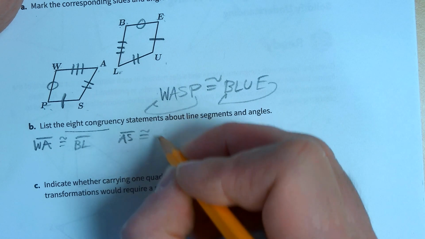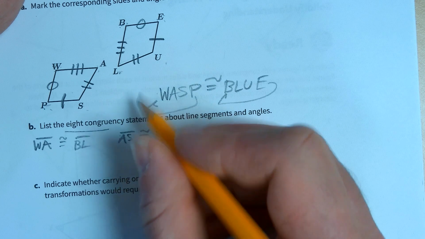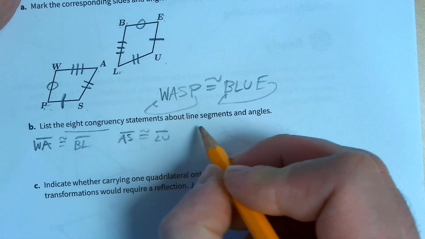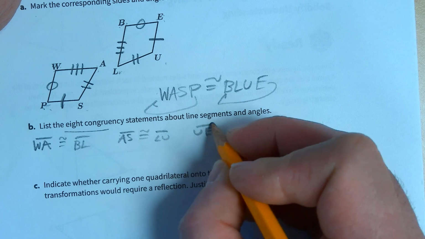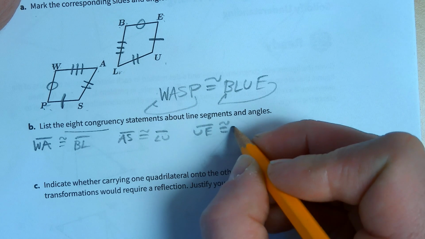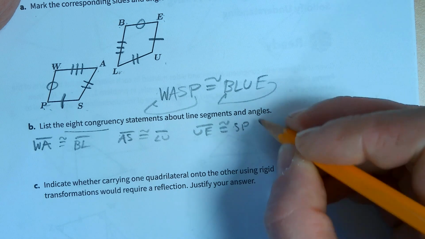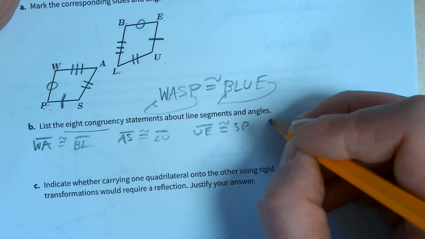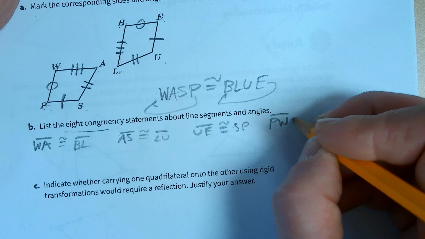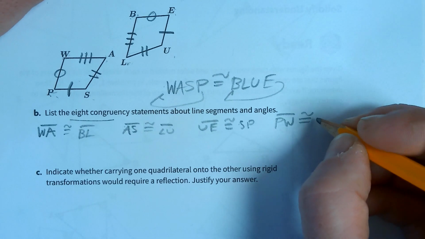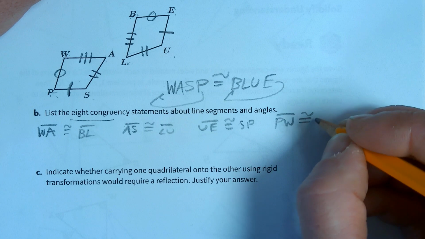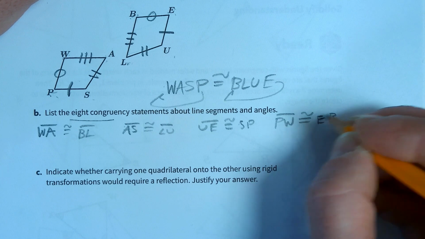AS is congruent to segment LU. And then UE. Oops, this one's kind of reversed. I started with the blue one and then went to the other one. SP, that's okay. Back to the WASP. PW is segment congruent to EB. Wow, that is taking so much brain power.